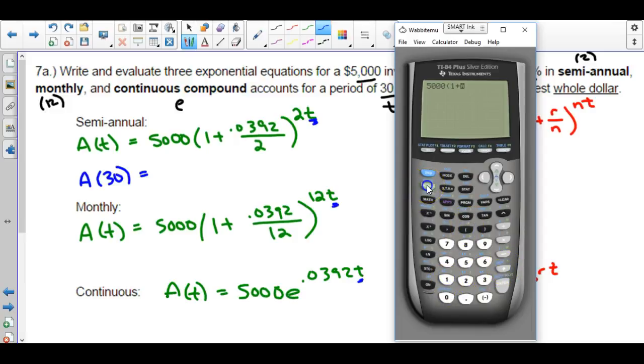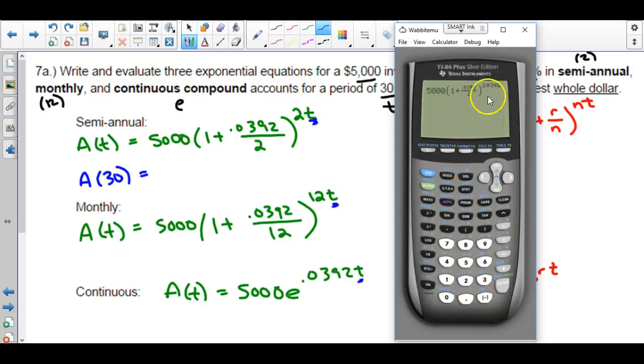You're going to press alpha and then y equals. The first option, n over d, stands for numerator over denominator, and it's pretty slick. You'll put in 0.0392 over my denominator, which is 2. Then I'm going to hit the right arrow, close the parenthesis, and raise this to the power of 2 times 30, so the time value of 30.